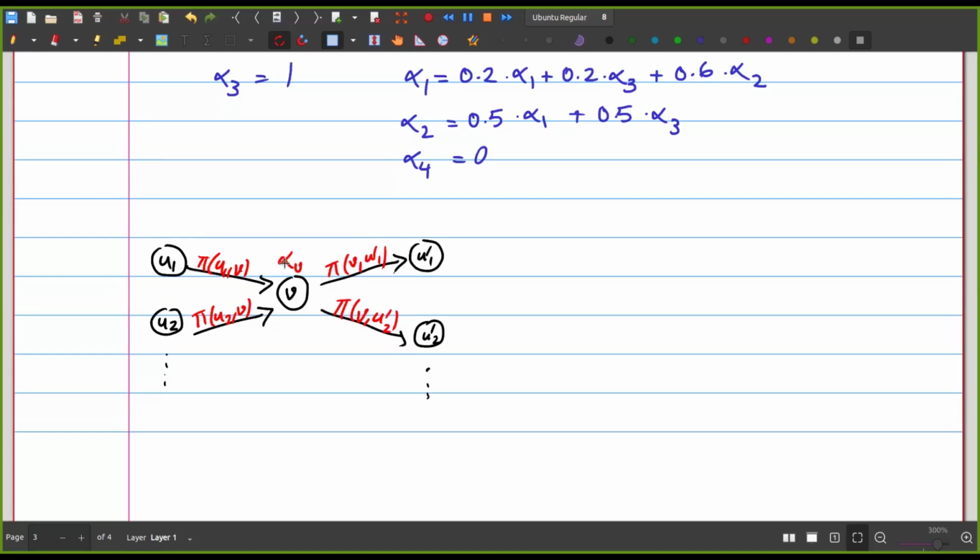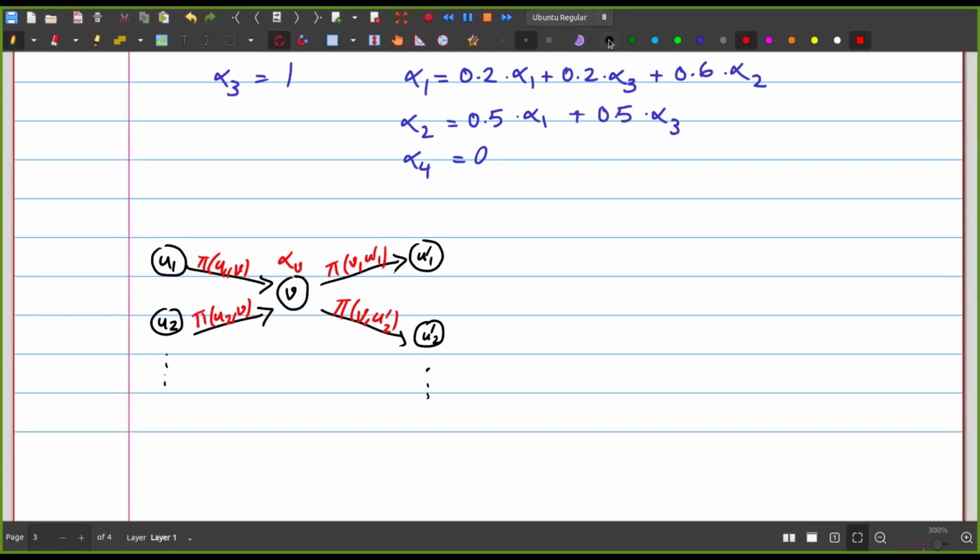Now I'm going to take that equation and use it to rewrite alpha V in my system. But where does alpha V appear? Alpha V appears in the equations for these predecessor vertices, basically. Okay. So what does removing alpha V look like in my graph?